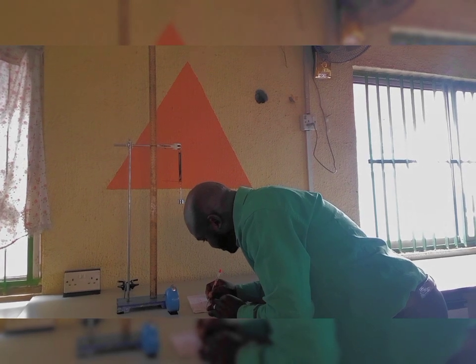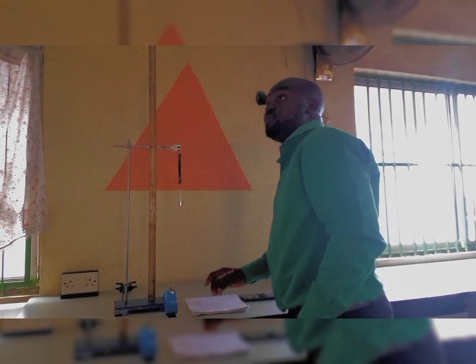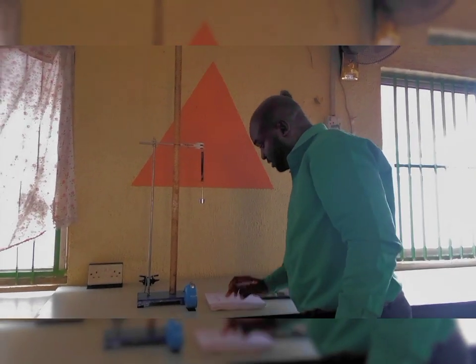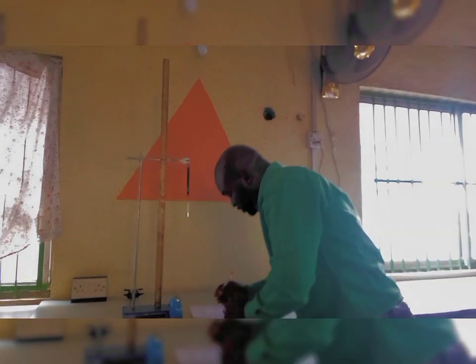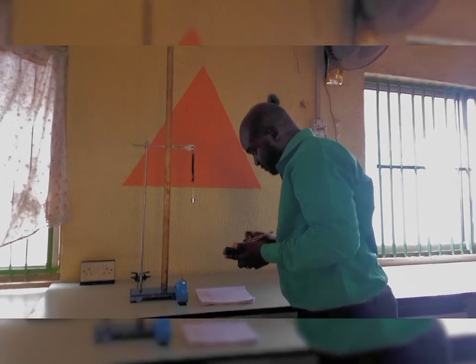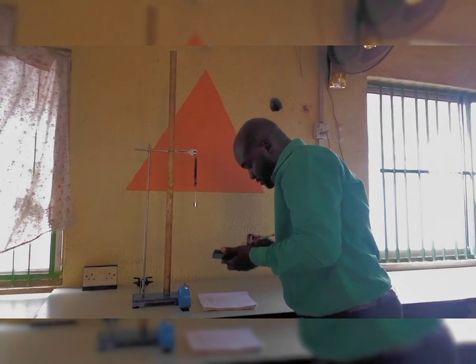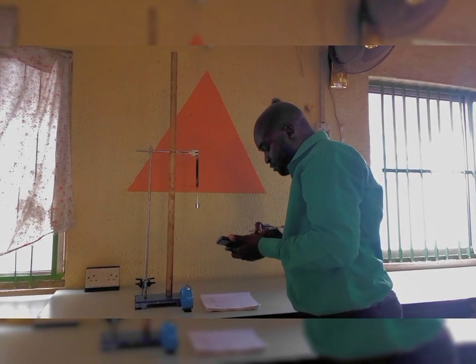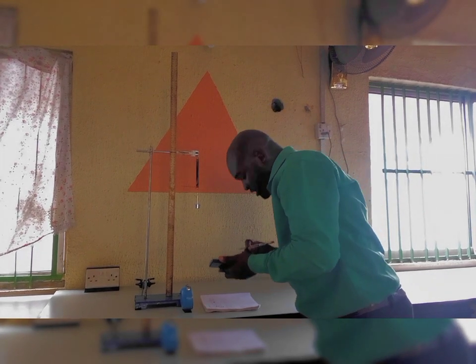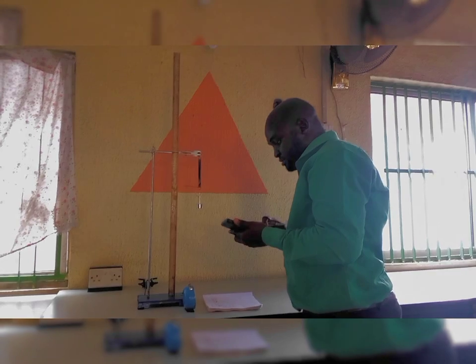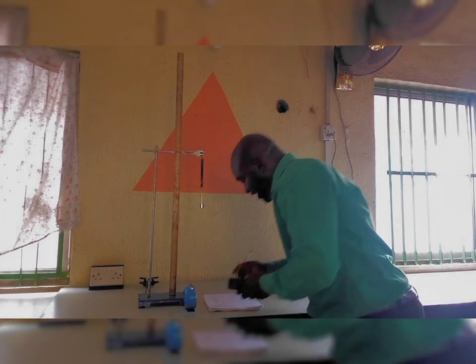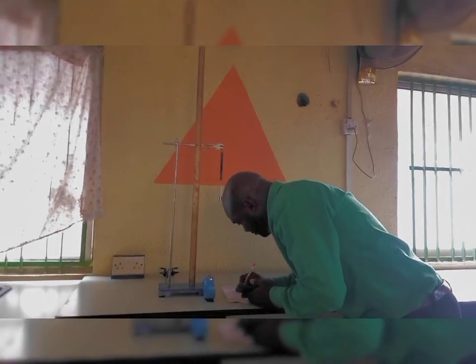Then my extension will be my new length minus my L0, which is 56.50 minus 51.00. Therefore, I'll be having 5.5 centimeter, 5.50 centimeter.